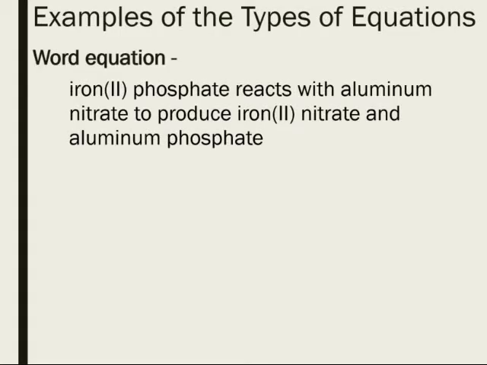So let's look at some examples. For a word equation, we have iron 2-phosphate reacts with aluminum nitrate to produce iron 2-nitrate and aluminum phosphate. Example of formula equation, the same equation but in formula form.